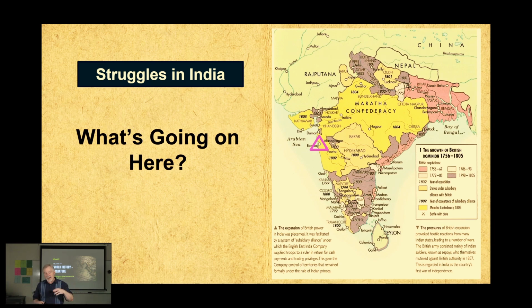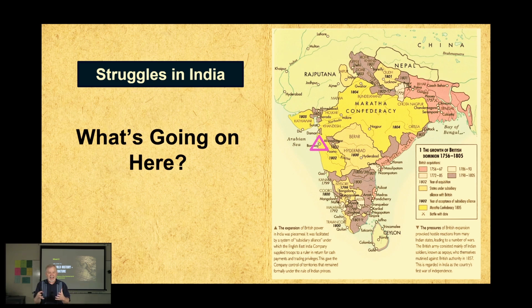Up near Bengal, in the top northeast area, that pink shows they've made inroads into that region, a little farther down the eastern coast, and of course on the west coast. They have Bombay, and they were the ones that created that city, settled it, and developed it.